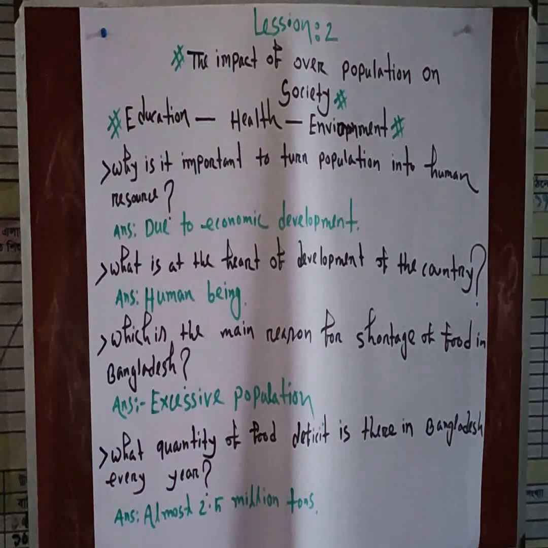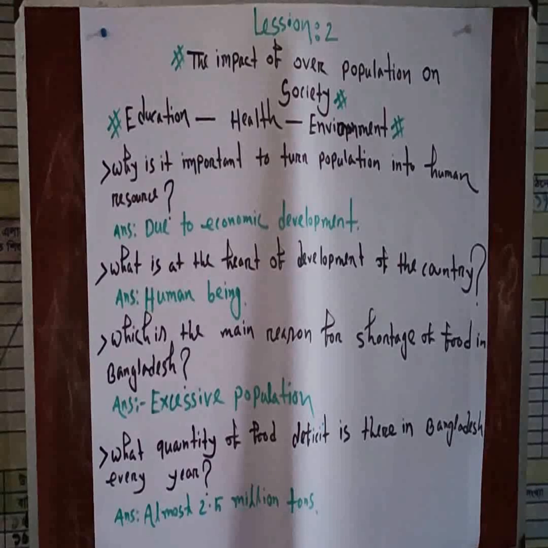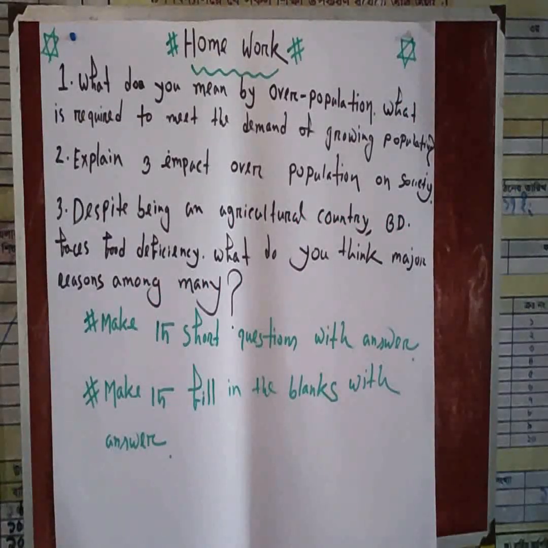That's why people are deprived of getting healthcare, like getting treatment. For instance, during this pandemic, you'll find that in a few hospitals there are not many instruments. And my dear students, don't forget to read your textbook. So you'll find all the questions from the textbook.